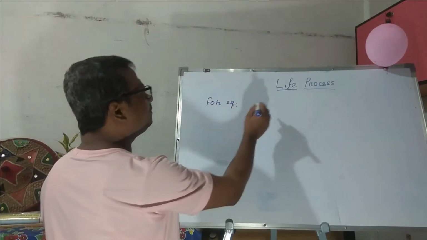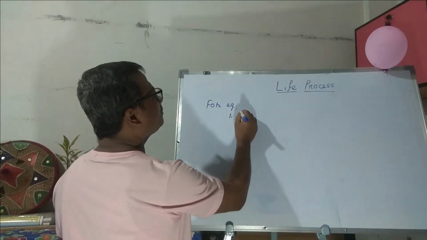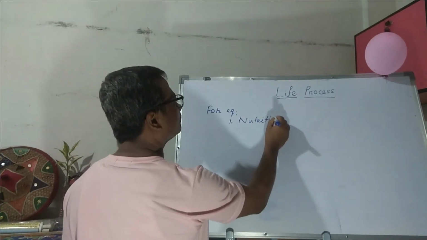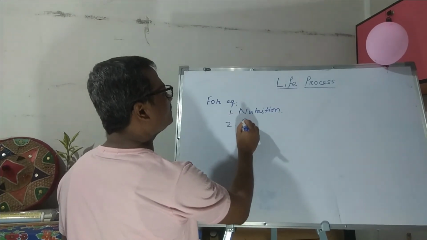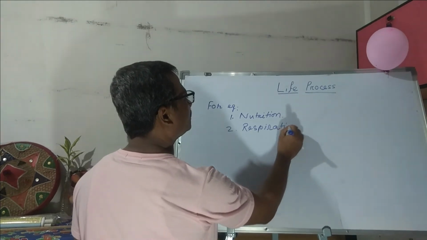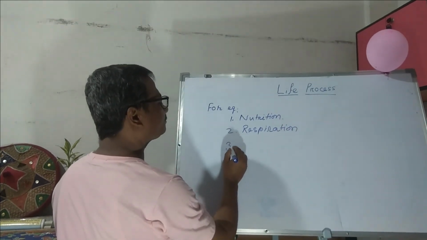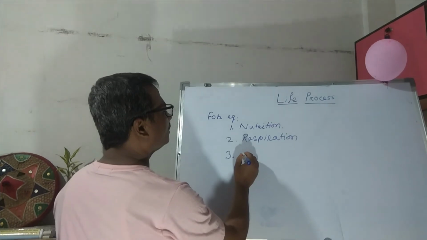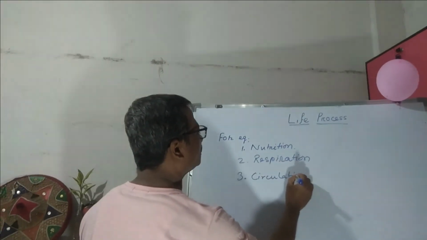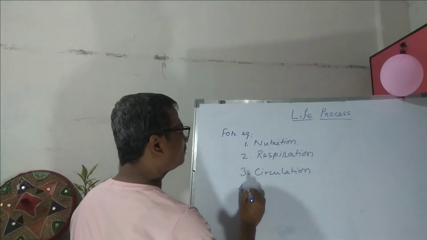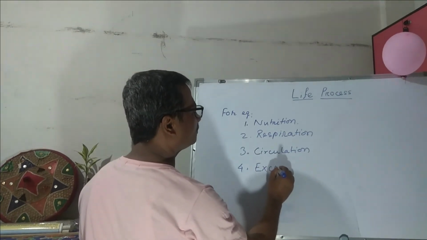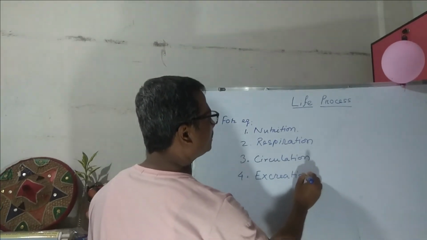So, for example, number 1, nutrition, number 2, respiration, number 3, circulation, number 4, excretion, etc.